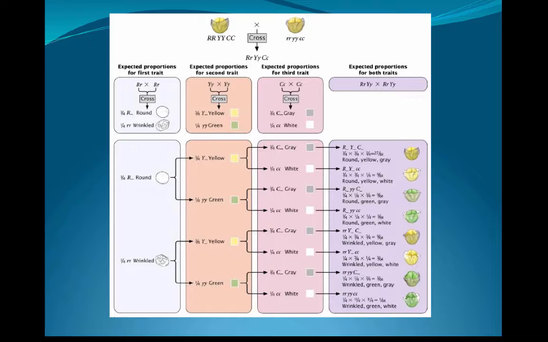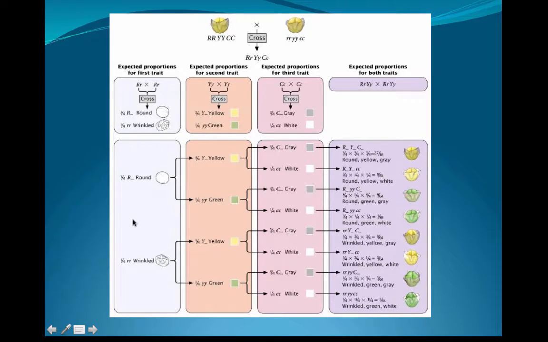To make this a little more complicated, because we like to do that, if we were to add in a third trait like the seed coat, it would either be gray or white. And what you could do is very similarly just split these up into three major columns.